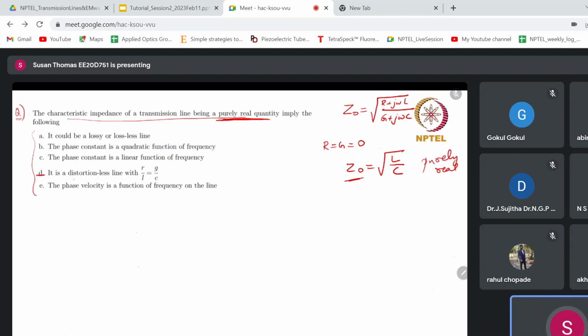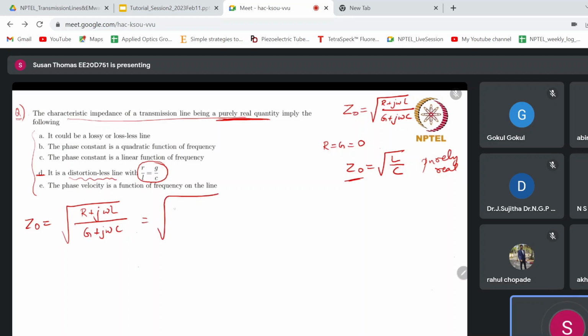According to Akila, when it is a distortionless line, that is when R by L is equal to G by C. So let's see what happens. Z naught is equal to root of (R plus j omega L) divided by (G plus j omega C).